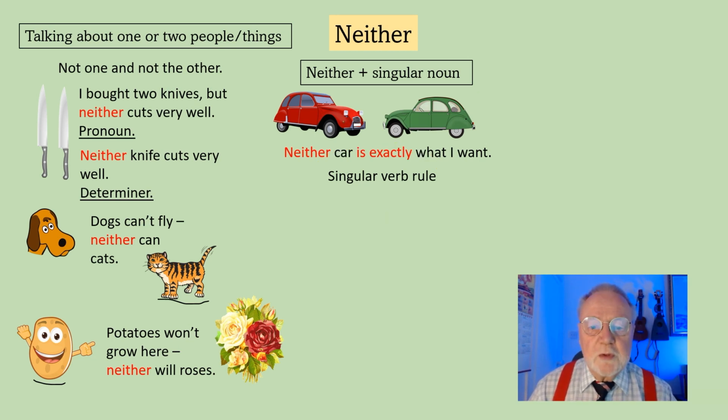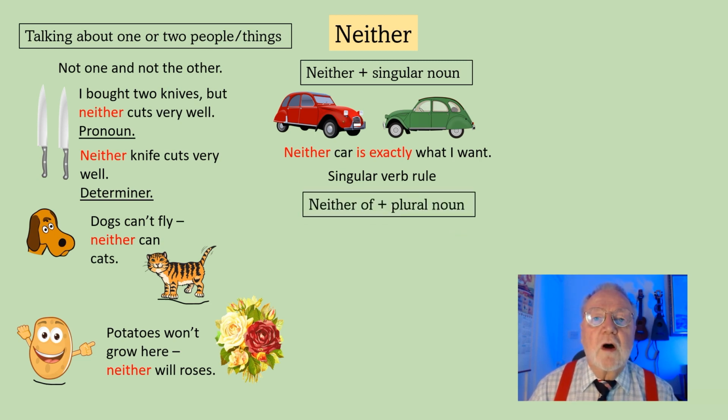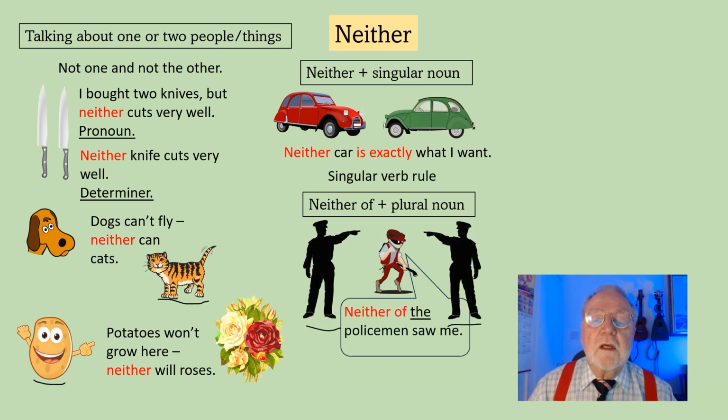When we want a plural noun, it's slightly different. We have to introduce of. Neither of the policemen saw me. And we also have to introduce a determiner. I can't say neither of policemen saw me. I need a determiner. That's a word like the, my or those. Neither of the policemen saw me.